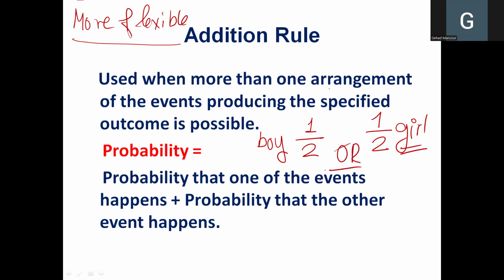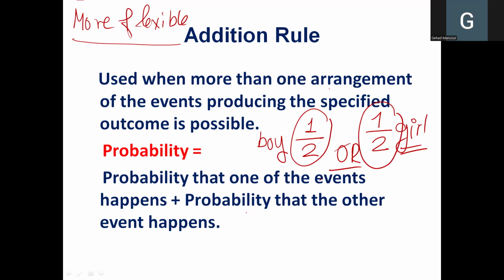So if the probability of getting one boy is a half and the probability of getting a girl is a half, then the probability of getting a boy or a girl, this or that, means you are expanding the possibility.